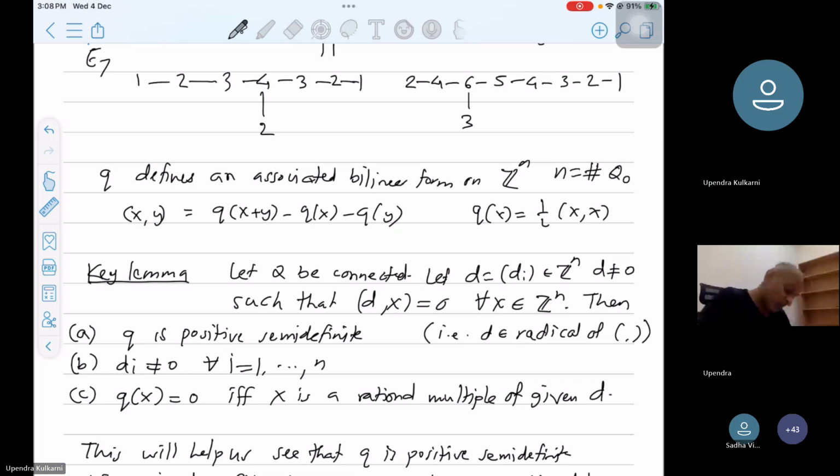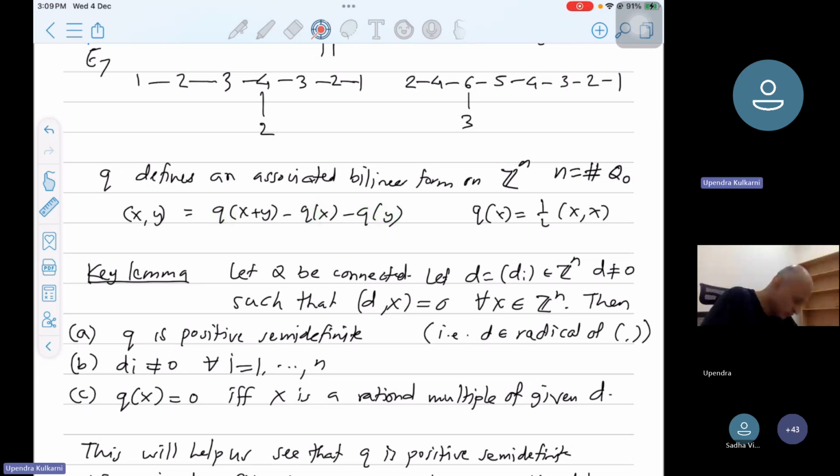So the lemma says that, so this is the space in which we are working, the abelian group Z to the n. This is a lattice in which we are working. If you want, think of it in R^n. So there is a bilinear form and an associated quadratic form. The form defined over here, this bracket, is the one that is coming from the quadratic form.